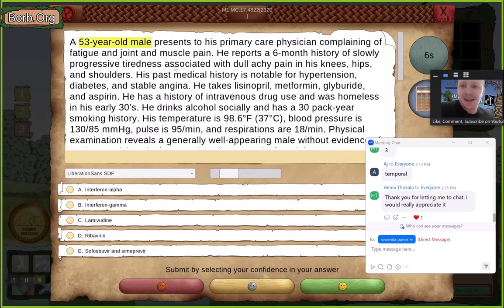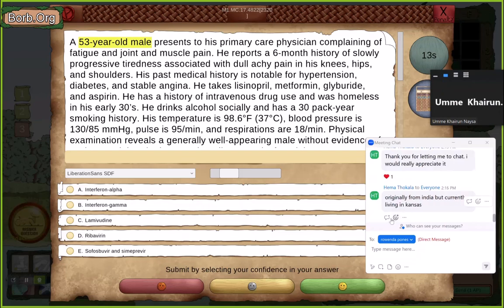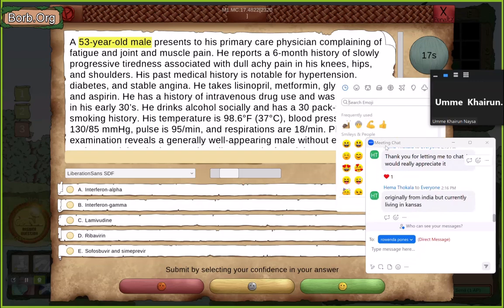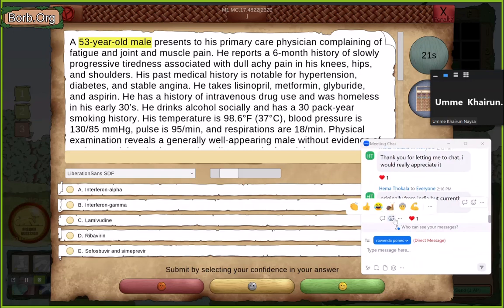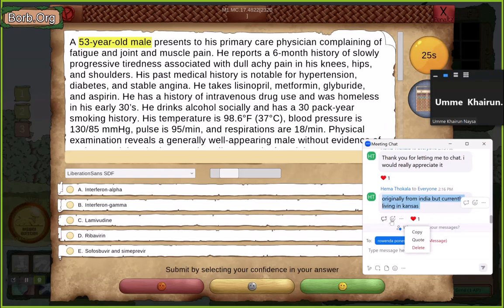A 53-year-old male presents to the primary care physician complaining of fatigue and joint and muscle pain. He reports a 6-month history of slowly progressive tiredness associated with dull, achy pain in his knees, hips, and shoulders.